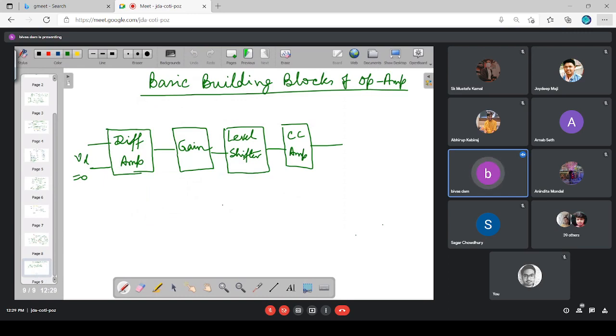Now, it is the function of which circuit block here to ensure zero output voltage for the input difference voltage zero? It was the function of the level shifter. But in the practical field, the level shifter is unable to give that performance. Why? That also we have explained.